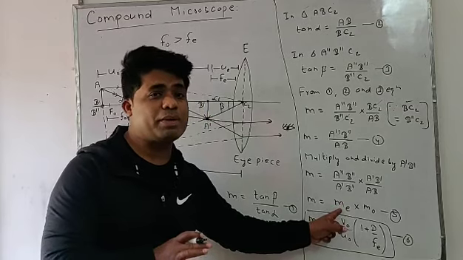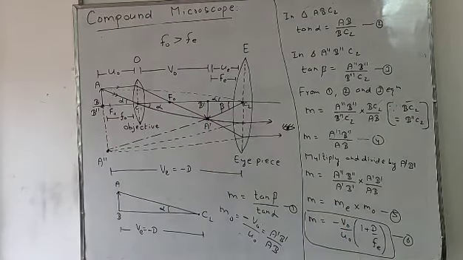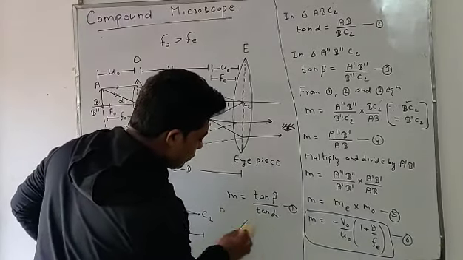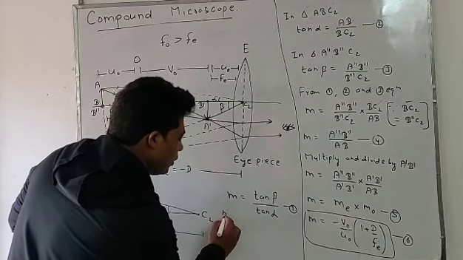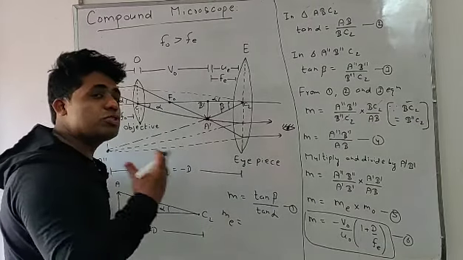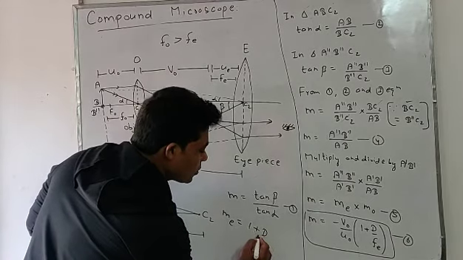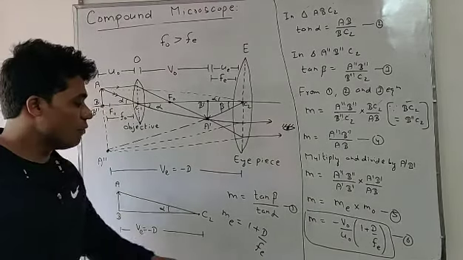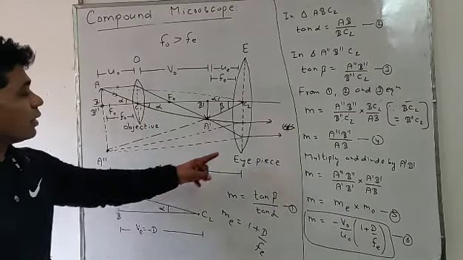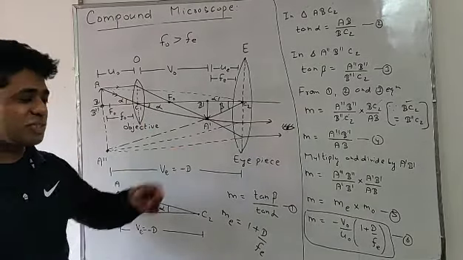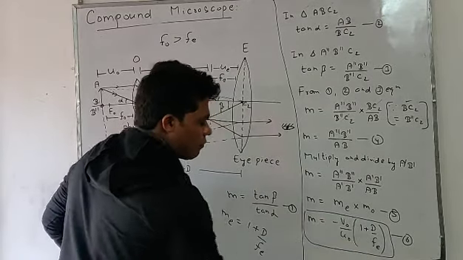And finally, what is ME? The magnifying power of the eyepiece lens. We can find ME; we know it from the simple microscope. What is the magnifying power of the eyepiece lens? 1 plus D by FE, where FE is the focal length of the eyepiece lens and D is the least distance of distinct vision, that is the distance of the final image from the lens. So instead of ME I have written 1 plus D by FE.